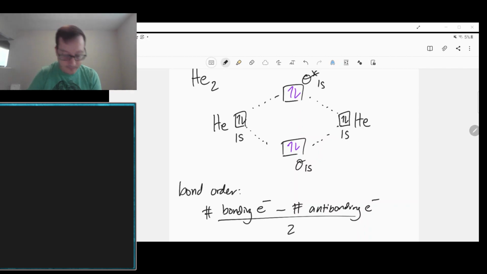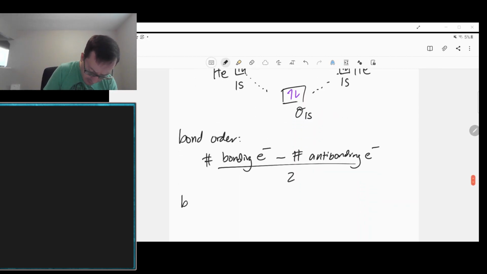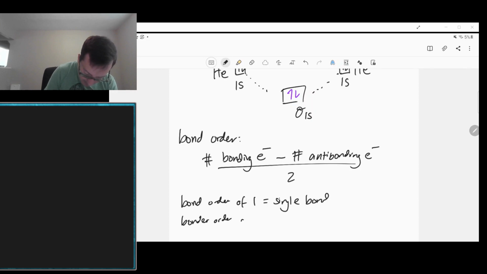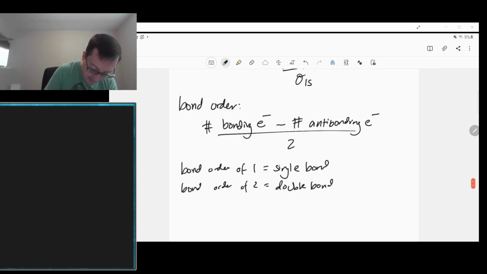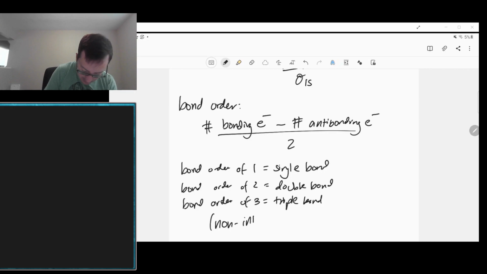And this tells us, by the way, a bond order of 1 is a single bond. A bond order of 2 is a double bond. And a bond order of 3 is a triple bond. And we also see non-integer bond orders sometimes.